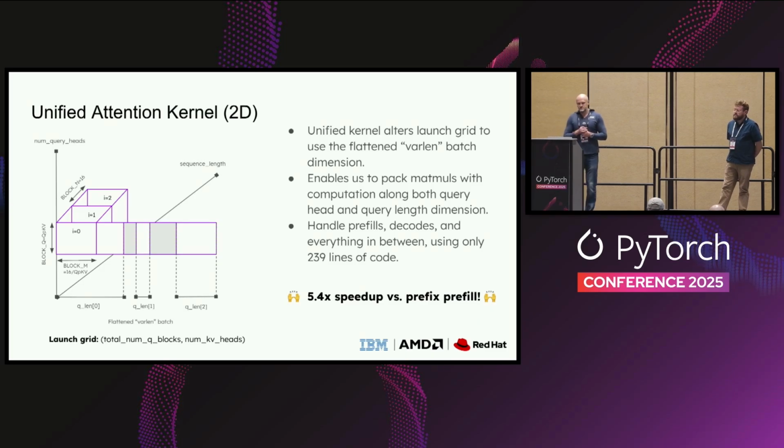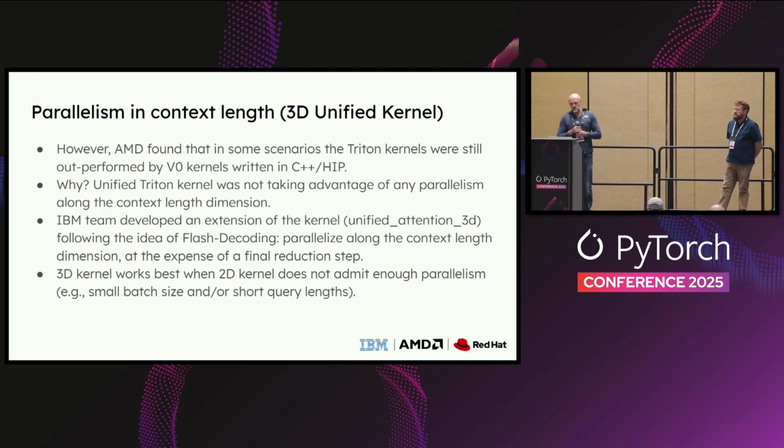And that is why IBM and then AMD picked up an idea to develop a unified attention kernel, which basically brings all the ideas together. I don't have much time, so I need to skip a couple of these. Right now we have 2D and 3D attention kernels, and the idea is that 2D is mostly used for prefill-heavy workloads, and 3D for decode-heavy workloads.